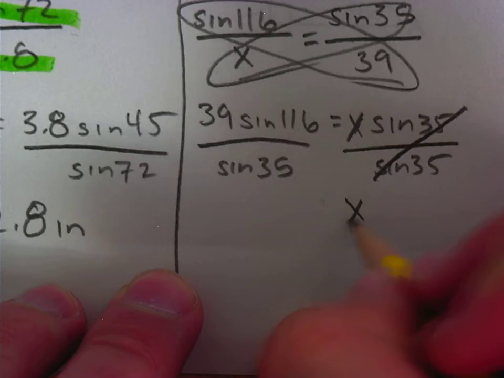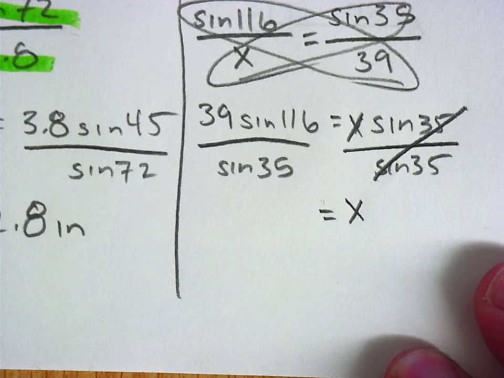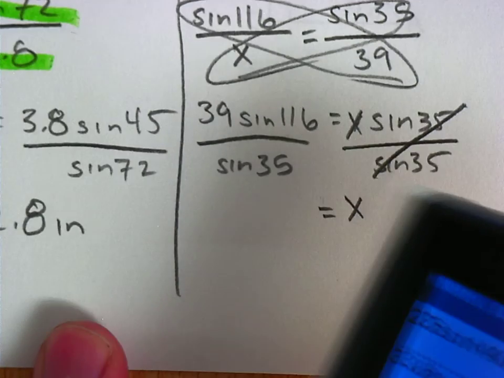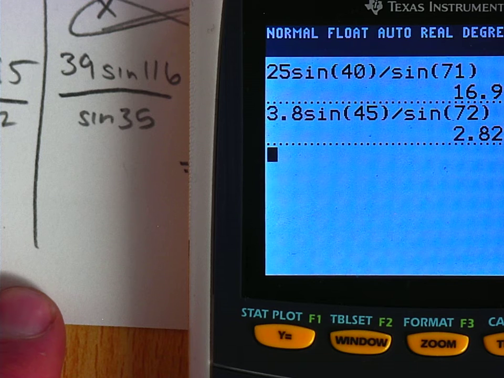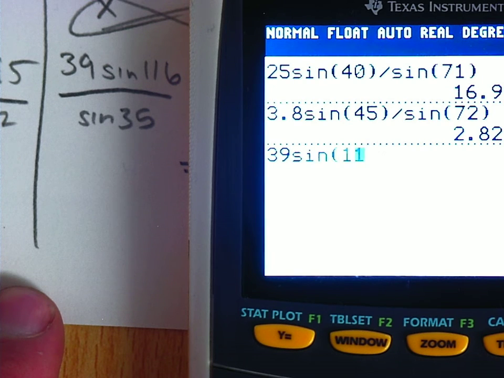Right, now x is alone, so we just plug that thing into our calculator. Exactly how we see it, exactly. So 39 sine of 116 divided by the sine of 35.